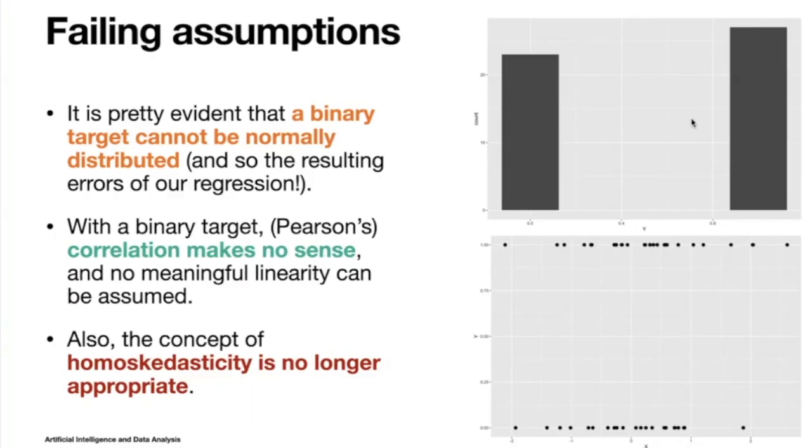When you have a binary target, so something that only attains the values 0 and 1, also the concept of correlation does not make sense, because correlation is meant to measure the linear dependence between two quantities, but the two quantities need to be numerical.